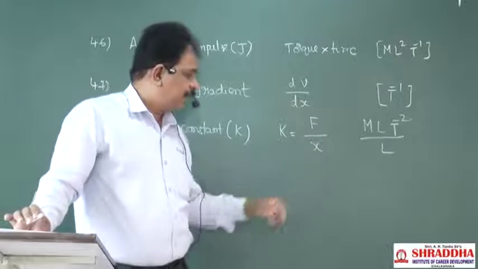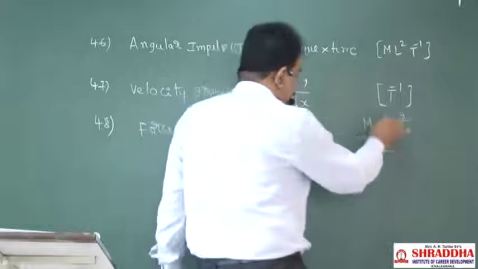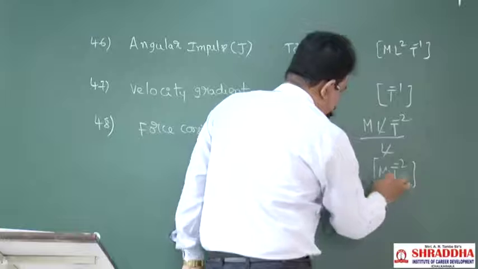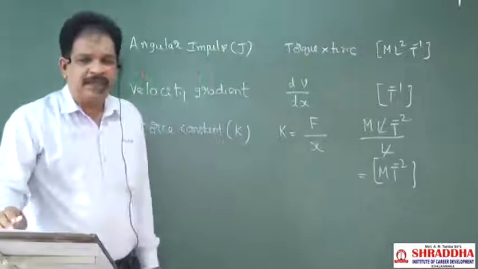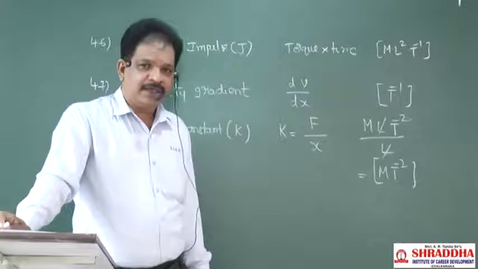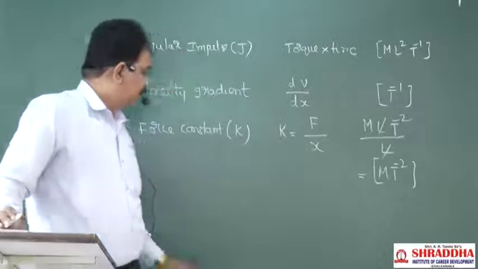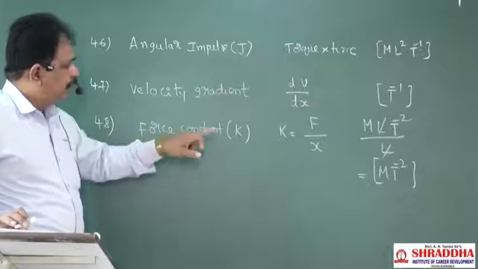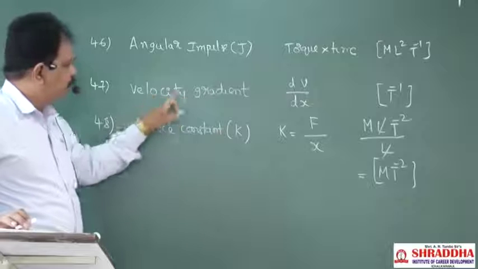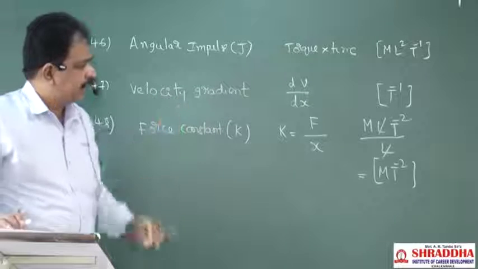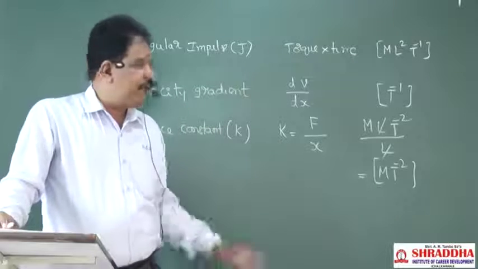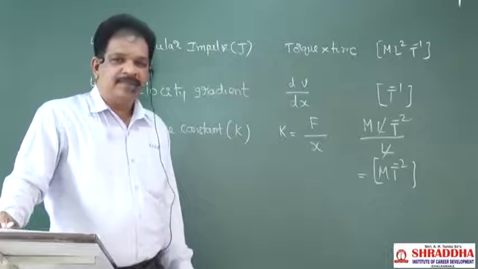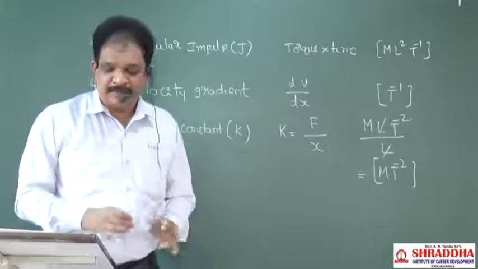So for X, the dimensional formula will be L. L will cancel. So this value is M T power minus 2. Clear? Like this, dimensional formulas will be there. Force constant M T power minus 2. Velocity gradient T power minus 1. Angular impulse ML square T power minus 1.